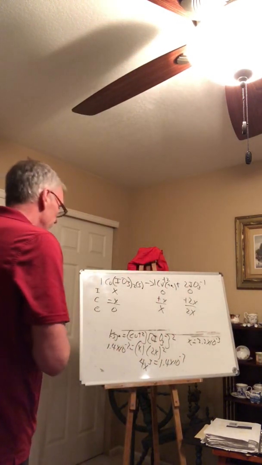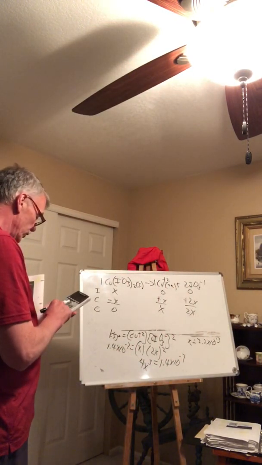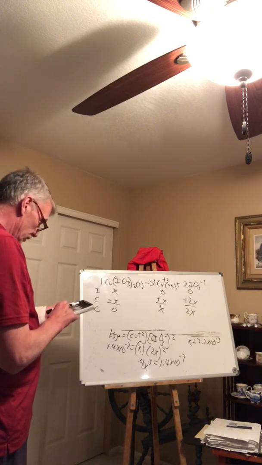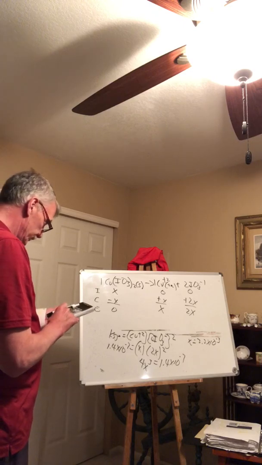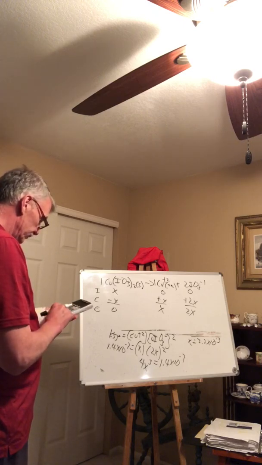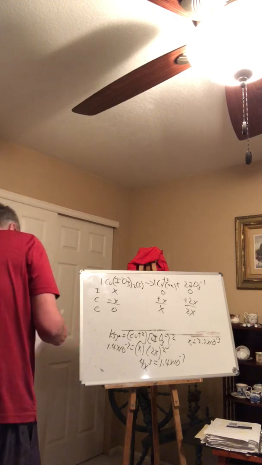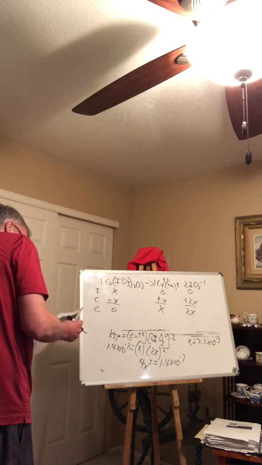Make sure of that. So I got 1.4 times 10 to the negative 7th divided by 4. Yep. And then it's asking to solve for the iodate concentration.